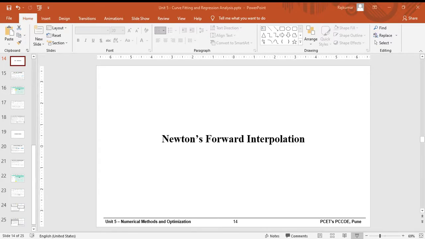The formula is x minus x naught upon h. So x is 45, x naught is 40, and h is the difference between the two successive values. In the first row you can see the difference between 50 and 40 is 10, and the same difference is maintained everywhere. So your h will be 10. So 5 divided by 10 will be 0.5.